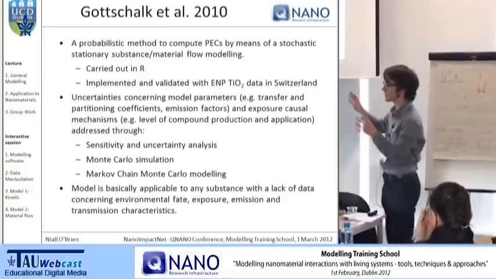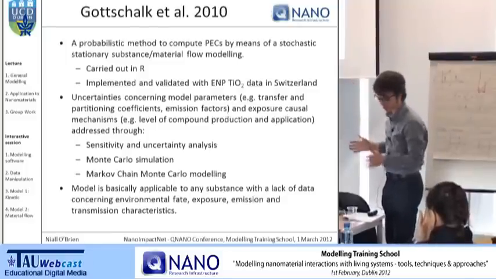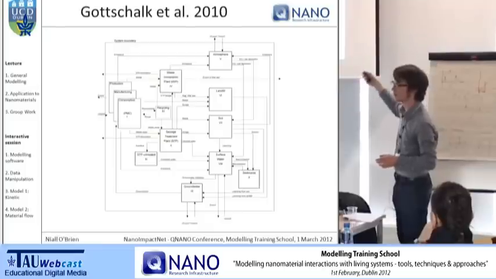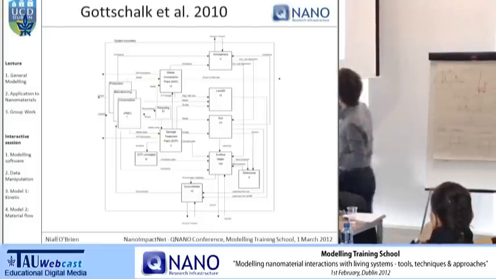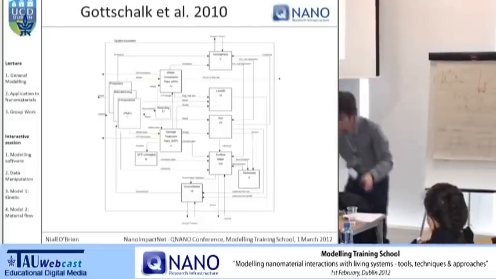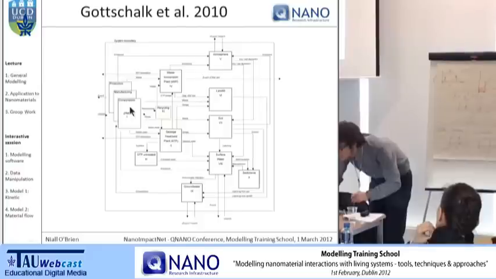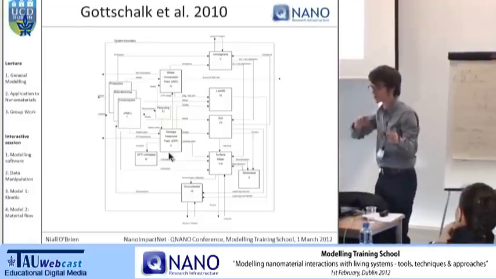If you look at the paper itself, it goes into a lot more detail. Again, this is their system boundary. So import into the system, through production, manufacturing, consumption. And then this moves to incineration, sewage treatment, so probabilities of it moving from these areas.